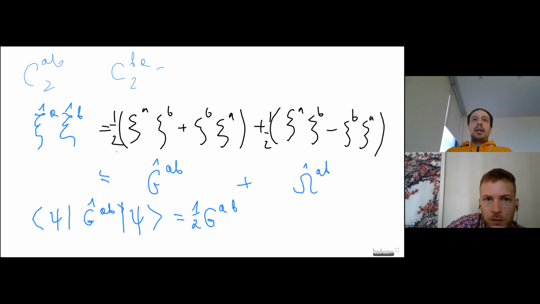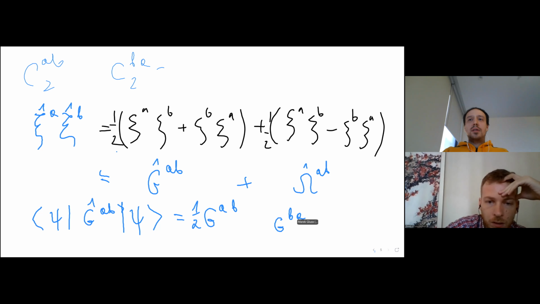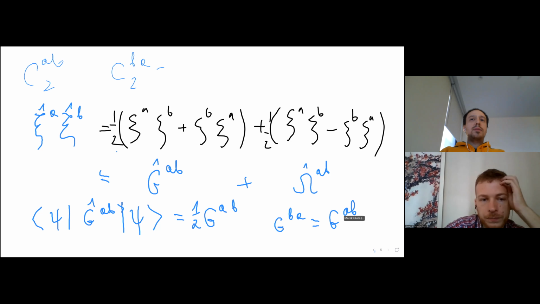Yes, that is correct. So probably you want to define it such that there's no 1/2. And then you wanted GBA is GAB. Yes. And so essentially the first step is to understand why it's real.